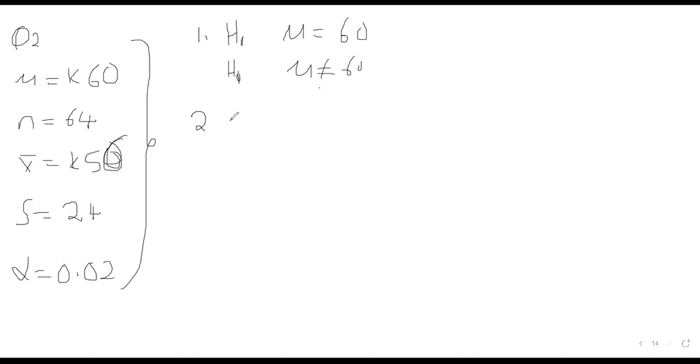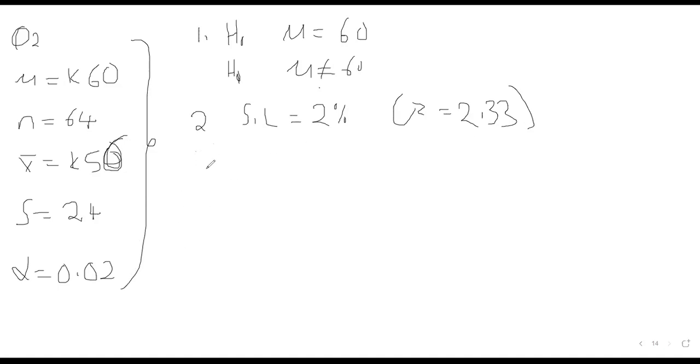We set our level of significance. What is our level of significance here? 2%, meaning our Z is 2.33, which is coming from this.